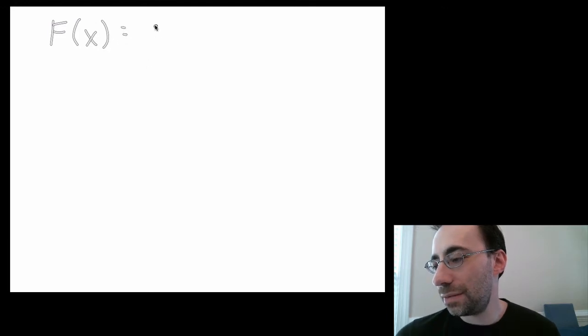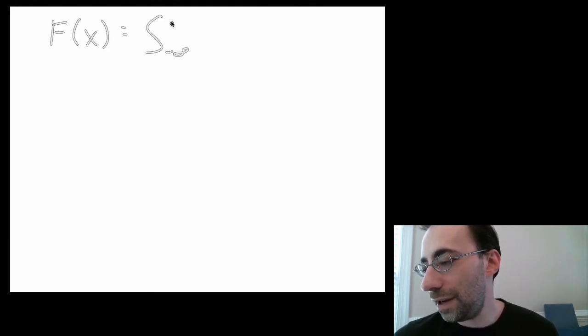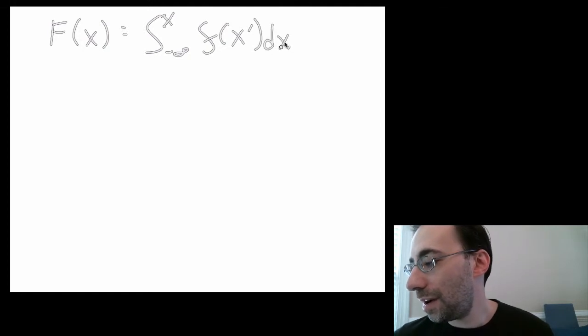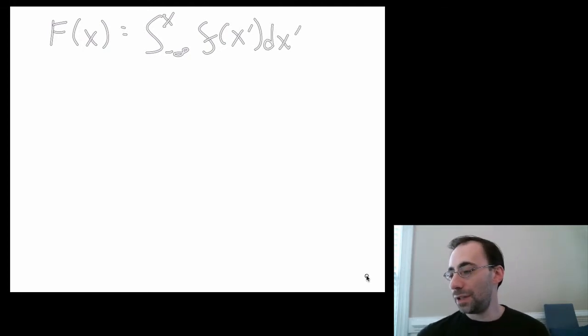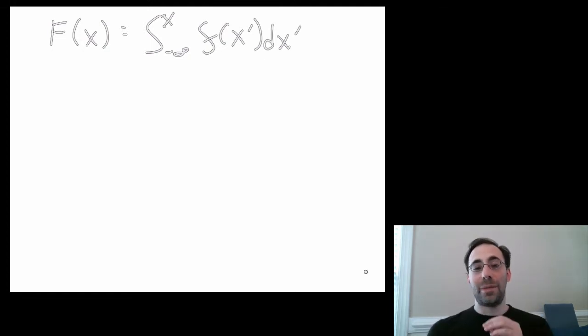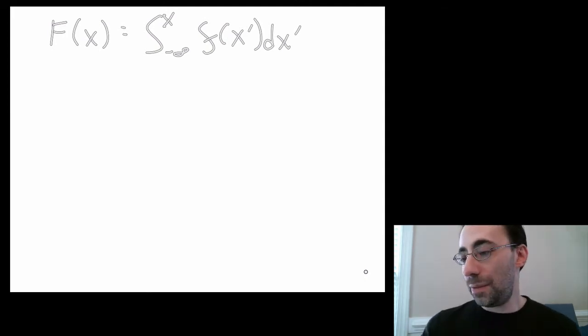Capital F of x will be the integral from -∞ to x of the PDF, lowercase f, evaluated at some dummy variable x prime, integrated over that same dummy variable. So this is the CDF, which is the integral of the PDF. If you don't remember this, go back to the material on probability and the last module in that lecture again. Okay, so that's the CDF.